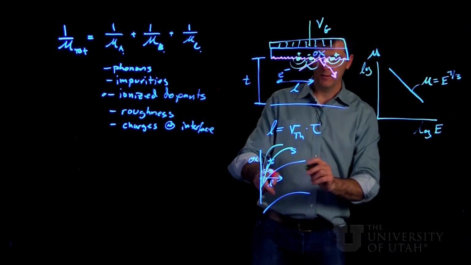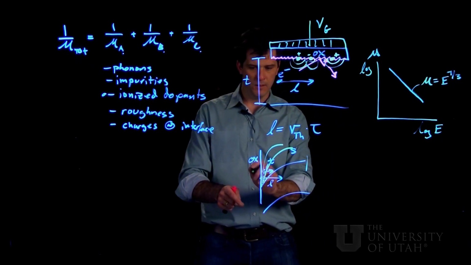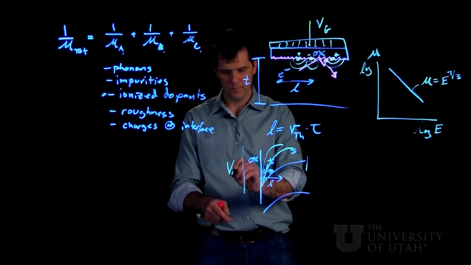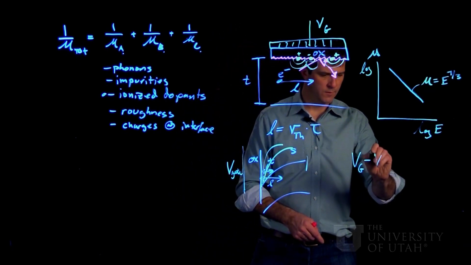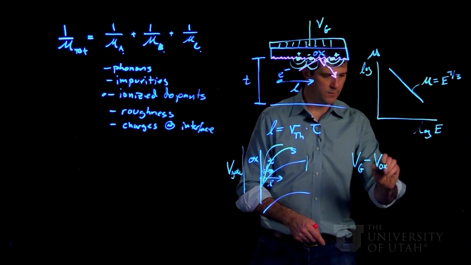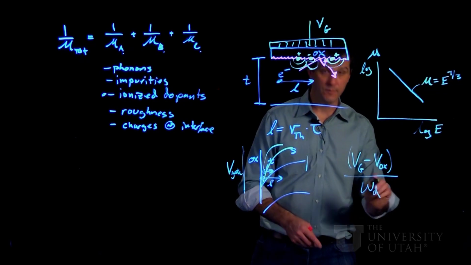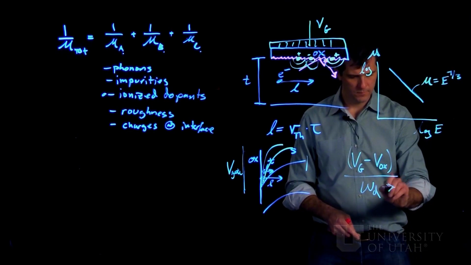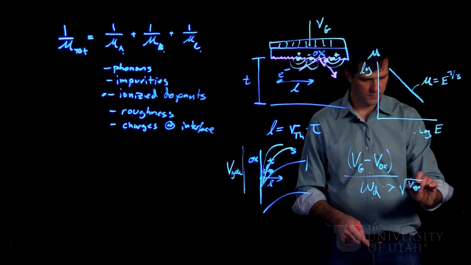And remember that our E field is going to be essentially V gate minus the voltage dropped in the oxide divided by the depletion width, which again has its own scaling of square root of V gate.